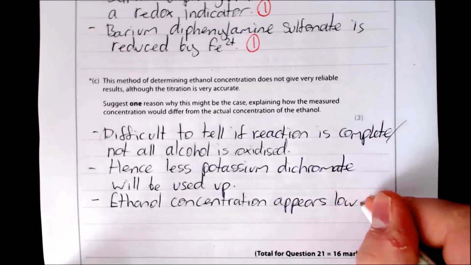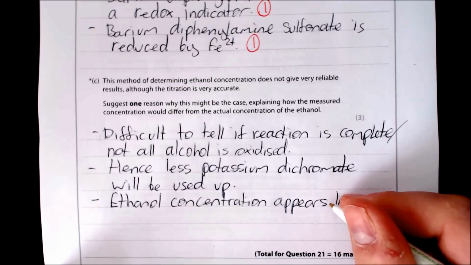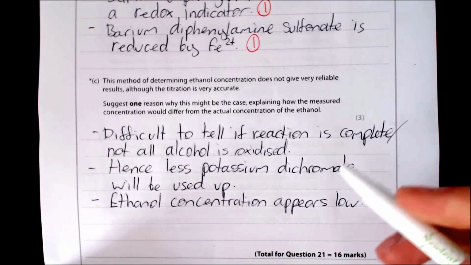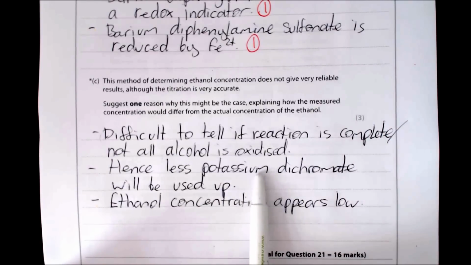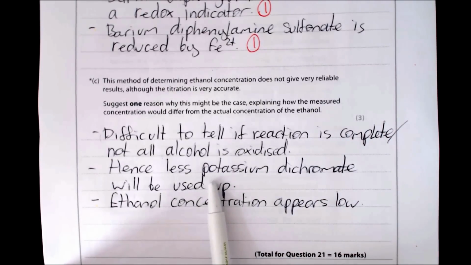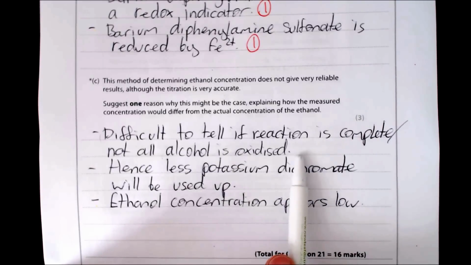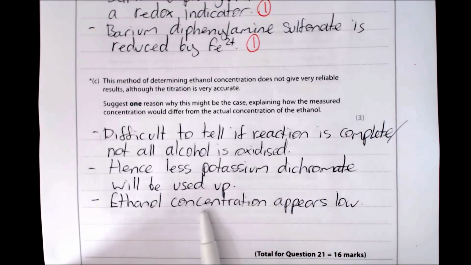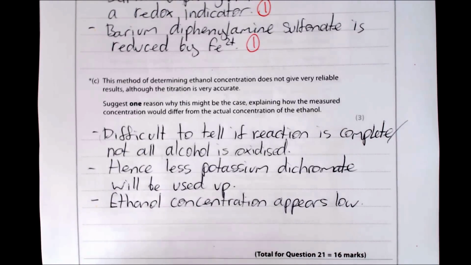Okay, so you get this impression that it appears low, when actually in reality, if you'd left it a bit longer, you might have had a chance for the dichromate to oxidize a bit more of the alcohol, and so you would get a more accurate value of your ethanol value.